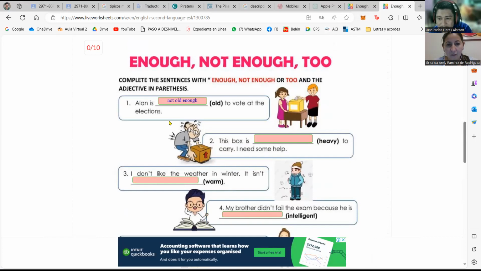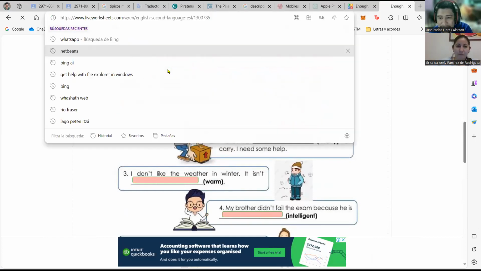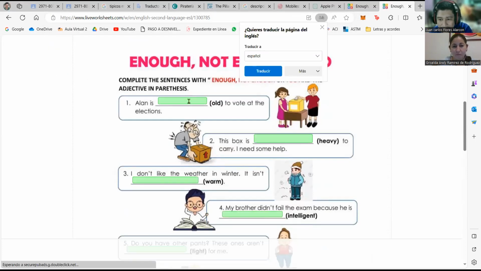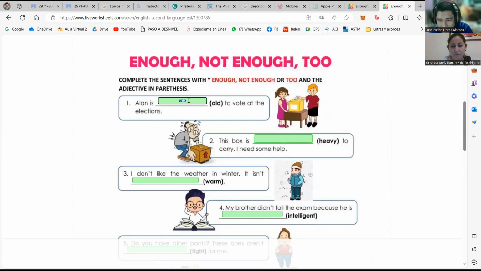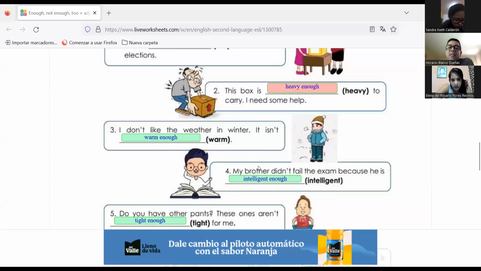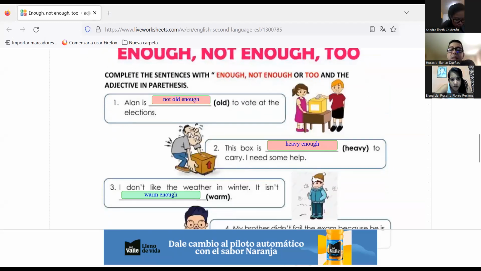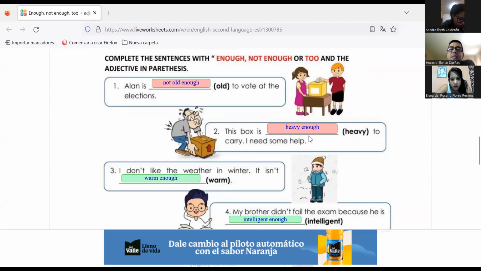No le quitó el not. De abajo. Sí, solo, todas las primeras no. Dos, ¿verdad? Solo. Dice que está en rojo, que está mal.